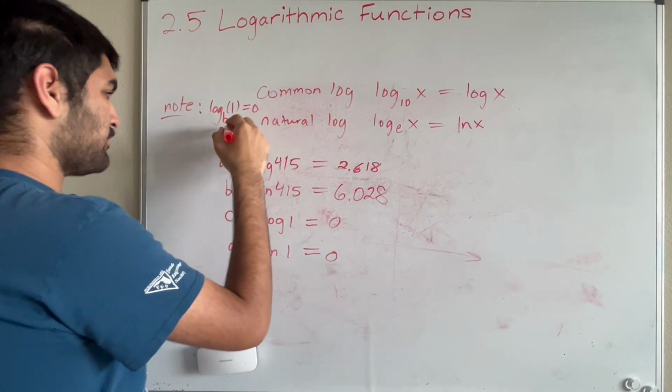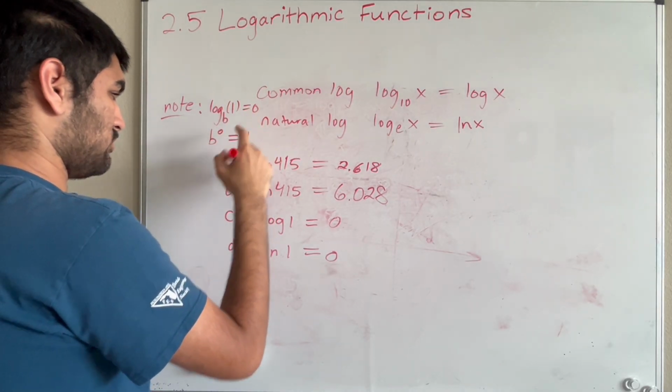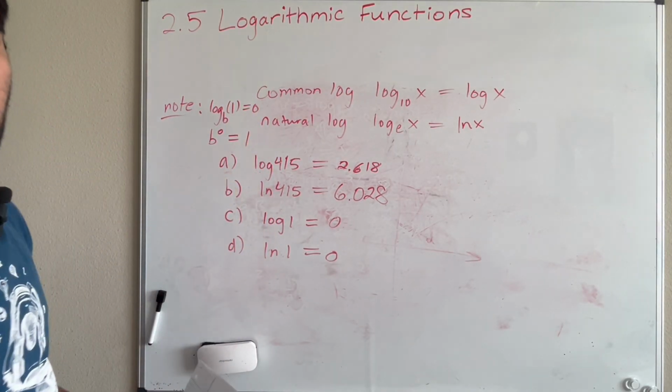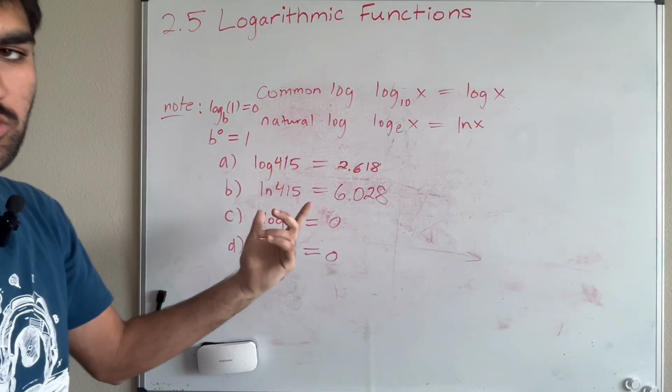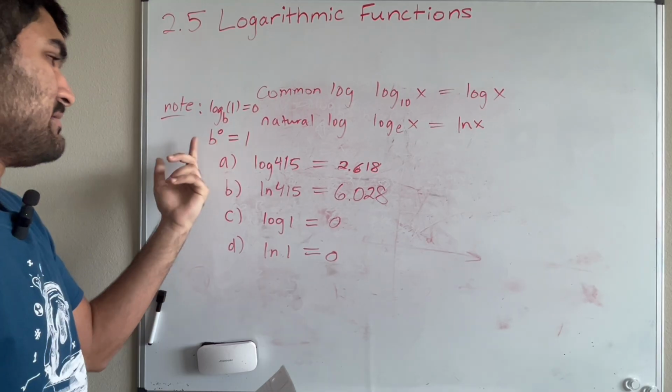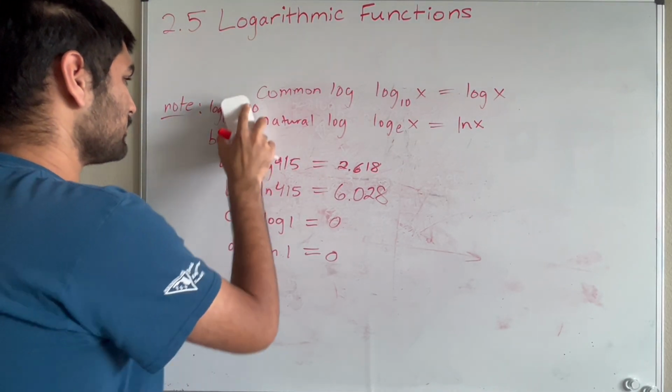This is because it's the same thing as saying b to the 0th power is equal to 1. We already know this: anything to the 0th power is equal to 1. So this is basically just saying the same thing in logarithmic notation.